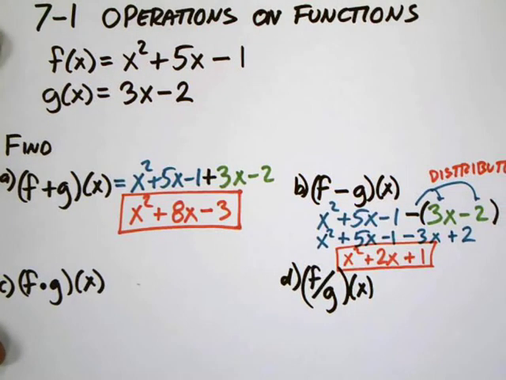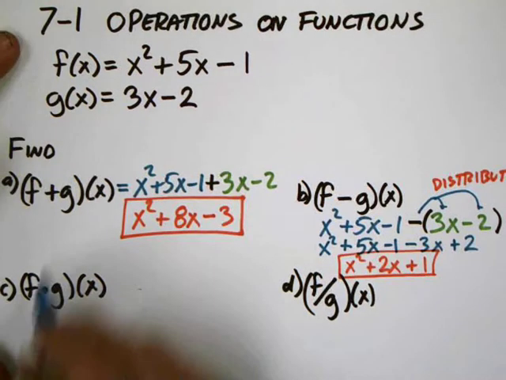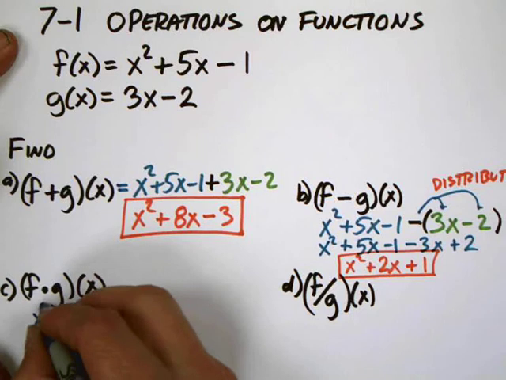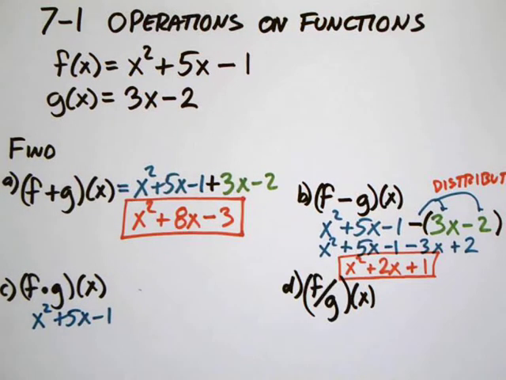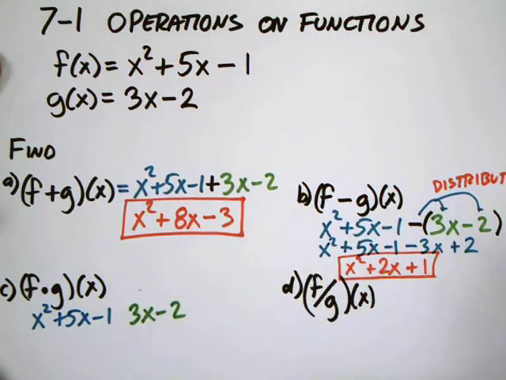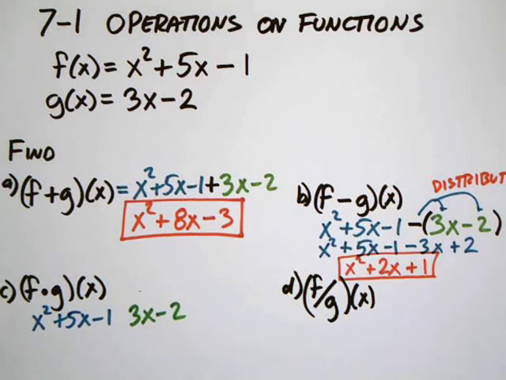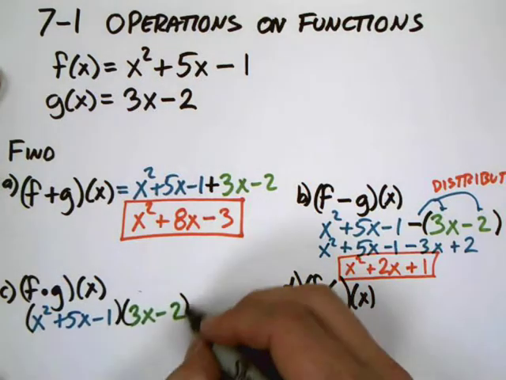All right. Next one, I have f times g of x. So this one gets a little bigger. So once again, my f function is going to be x squared plus 5x minus 1. And my g function is going to be 3x minus 2. And since I'm multiplying, I want to make sure that I multiply all of this times all of this.